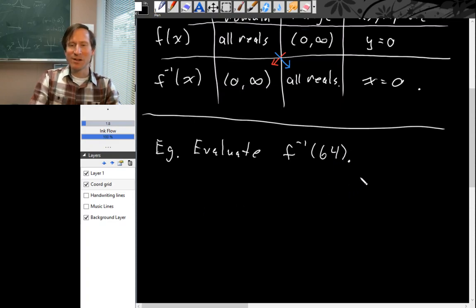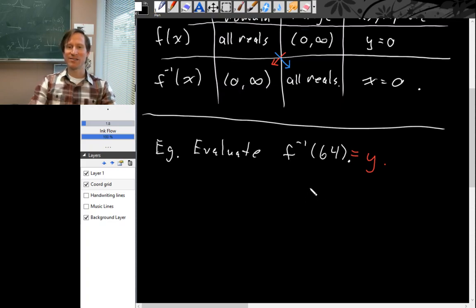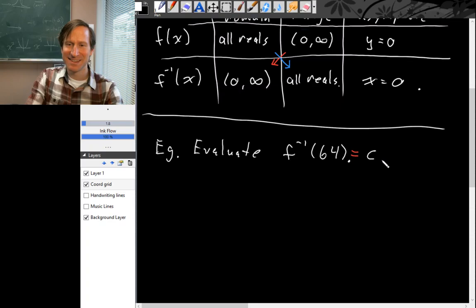We don't know a lot about the inverse function yet, and when you don't know a lot about something, one thing you can do is give it a name and see if that helps. So let's call it c. f inverse of 64, we're calling that c.